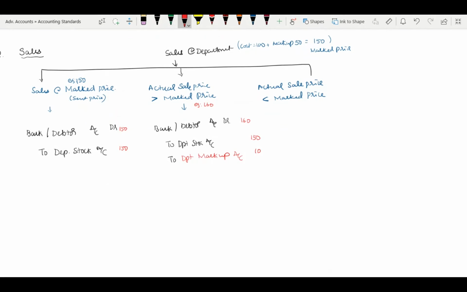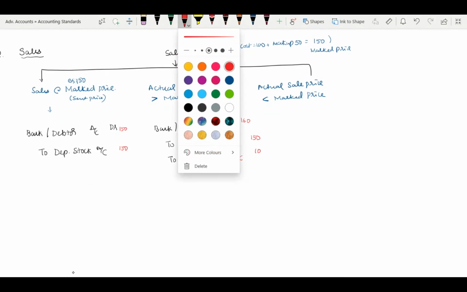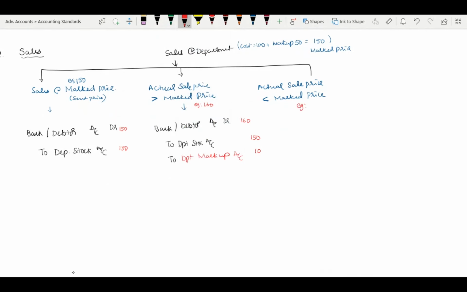Next, let us go to the third event. Suppose the actual sale price is less than market price. Let us keep an example, 135. Got it? I invoiced these goods to sell at 150. Correct? But actually to the customer he has sold at only 135.